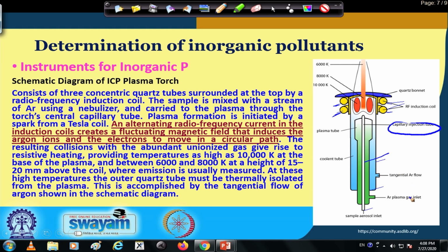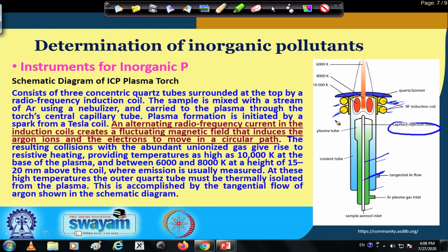Argon is injected in this plasma tube, and an alternating radio frequency current is generated in the induction coil, which induces the argon ions present in the plasma tube to rotate with the electrons.